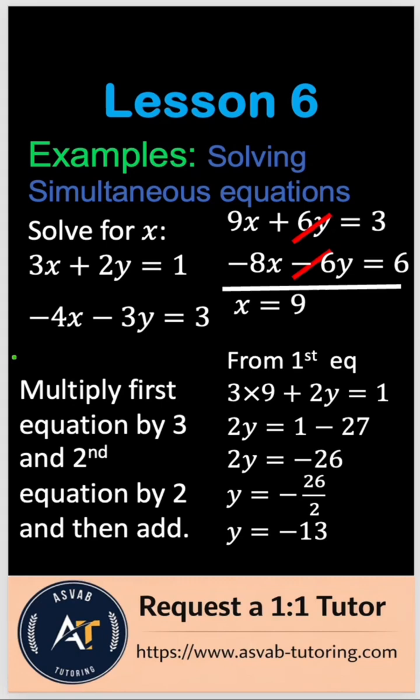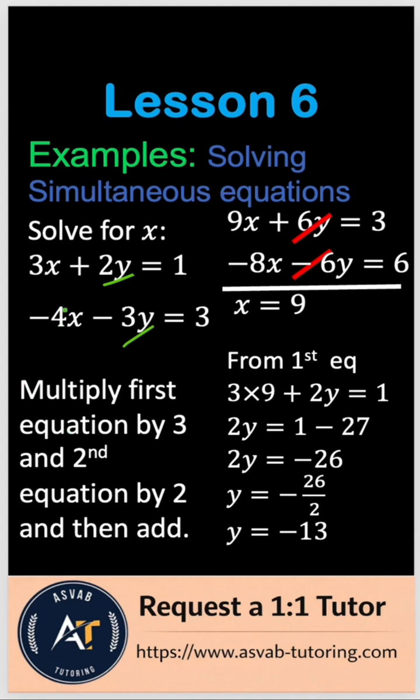Now we have another one. Solve for x. 3x plus 2y equals 1. Negative 4x minus 3y equals 3. This time we turn this term and this term into the same coefficient, which is a coefficient of 6. So we multiply the first equation by 3 and the second equation by 2 and then add. If we multiply the first equation by 3, we will get 9x plus 6y equals 3.